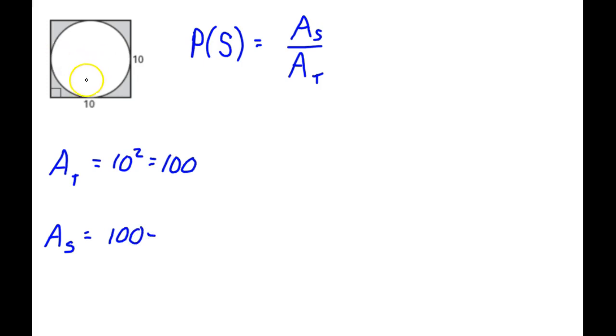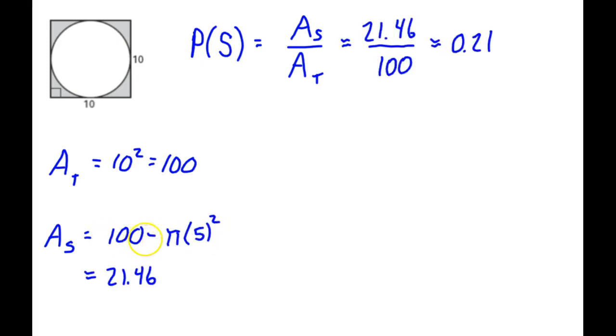Now to find the area of the circle, if we know the length of one of the sides of our square is 10, that means the diameter of the circle is 10, which tells us that the radius is 5. So we're going to subtract pi times 5 squared. If you take 100 minus pi times 5 squared, you get approximately 21.46.